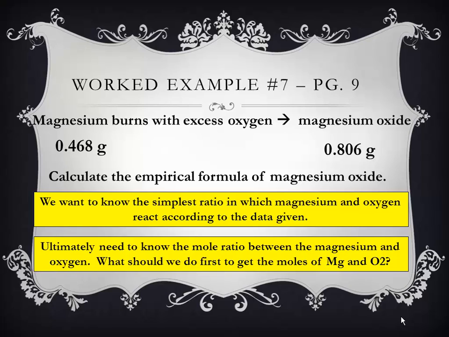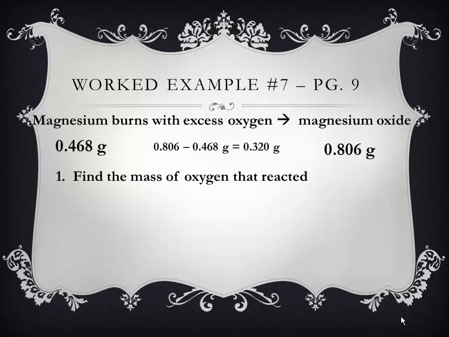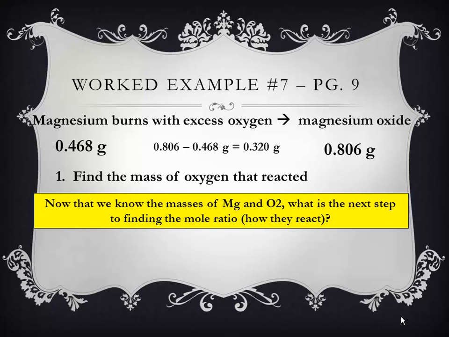So ultimately we want to find the ratio between magnesium and oxygen, and what should we do first to get the moles of Mg and O2? We got to divide by molar mass, but we need to find out how much oxygen is present. So we have magnesium oxide, we have magnesium, so the difference between the two is oxygen, which is 0.320 grams.